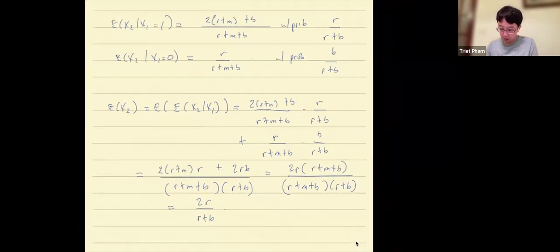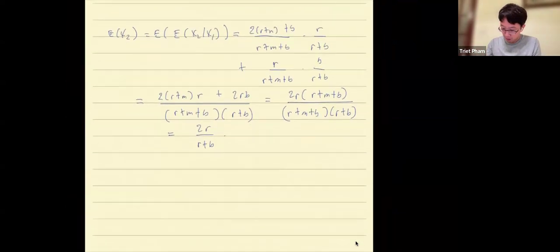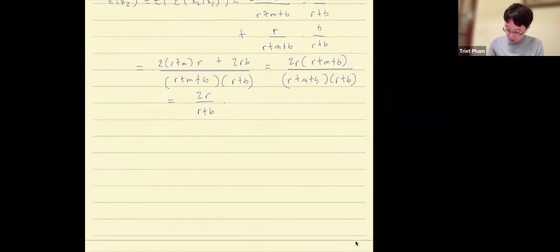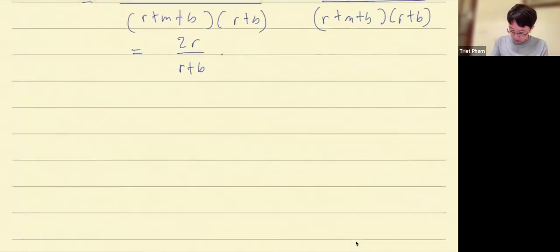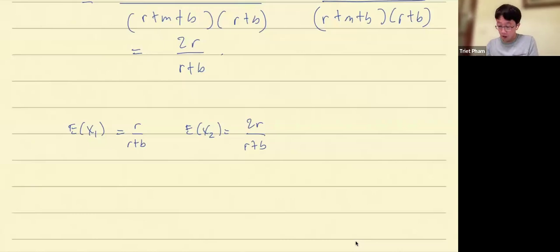So let's recap. Expectation of x1 is r over r plus b. Expectation of x2 is 2r over r plus b. Well, what's your guess on the expectation of x3 and the expectation of xk? And how would you prove it?